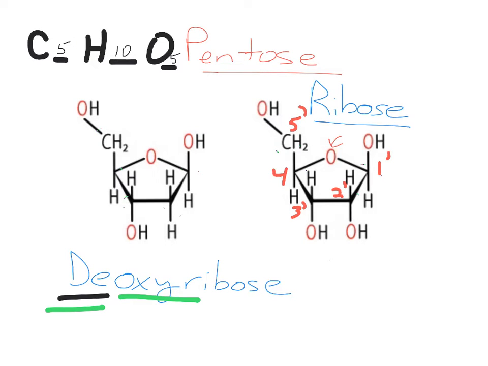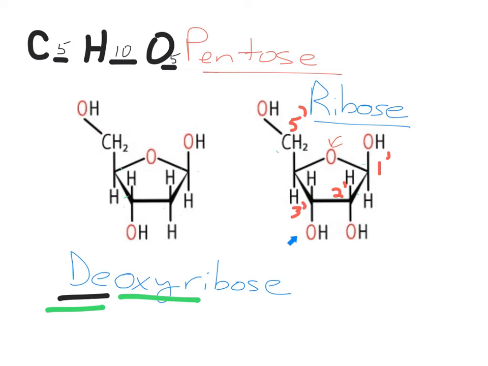The ones that we're really interested in, the ones that we really need to worry about, is our 1 prime, our 3 prime, and our 5 prime. You'll see why the 1 prime is important soon.